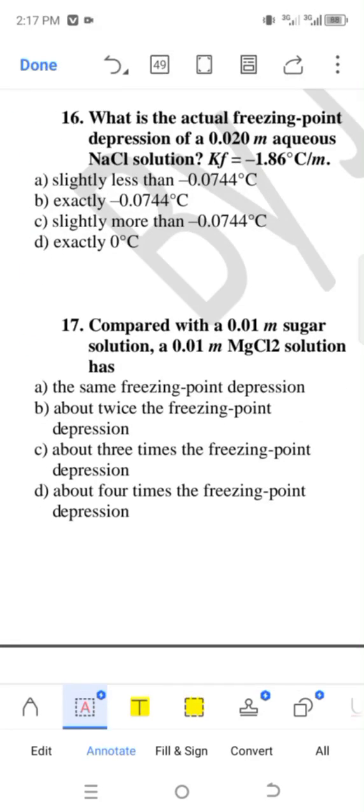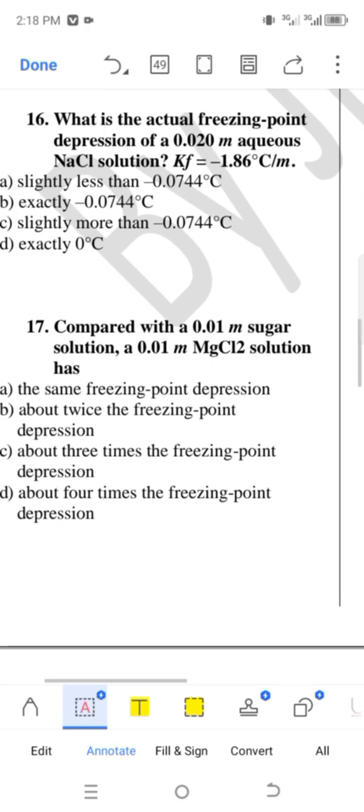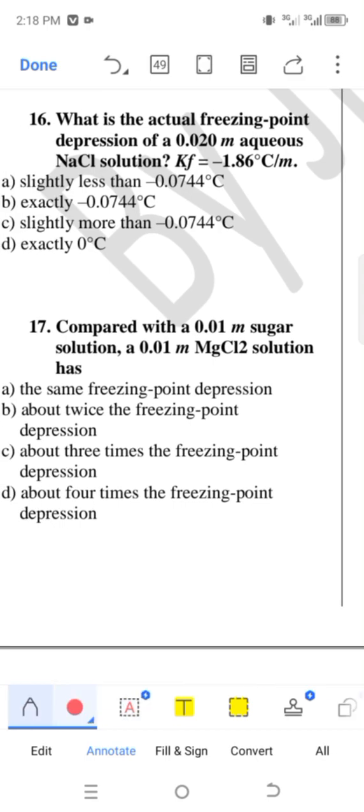What's the actual freezing point depression of 0.020 molal aqueous NaCl solution when the Kf is given? Guys, in order to solve this question, the keyword here is actual.